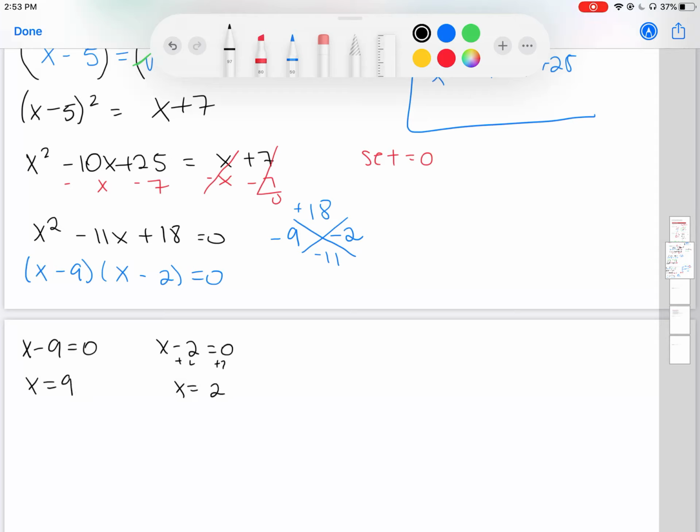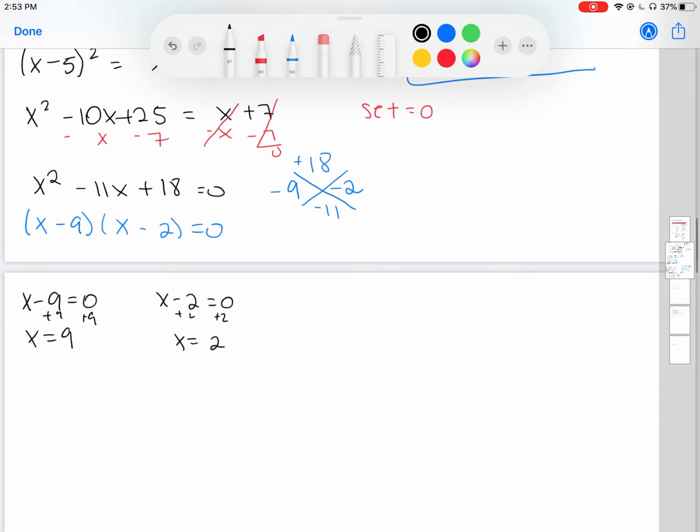We got that by adding those numbers. I'm sorry if I skipped a step. So those are our two answers. Now remember, you must check your answers. I'll leave that for you to try. And one of them does end up being false. So look out for that in your homework.